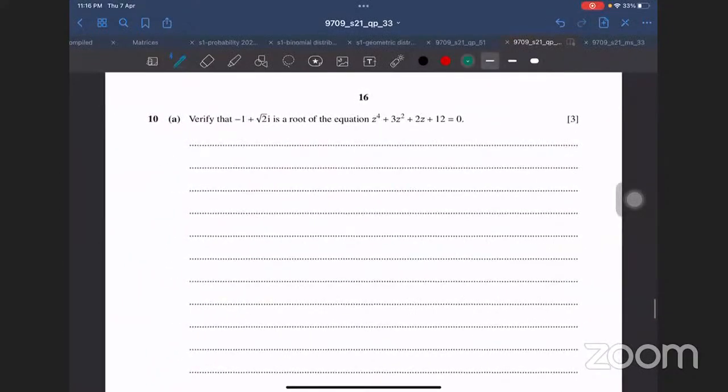Okay, then this question says verify this is a root. So I need to plug that in: minus 1 plus root 2i to the power 4, minus 1 plus root 2i squared, minus 1 plus root 2i plus 12. So I'm going to simplify this first, taking a whole square, just rearranging it first so that it's clearer.